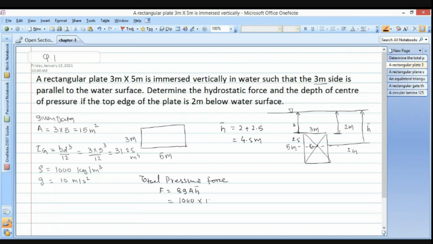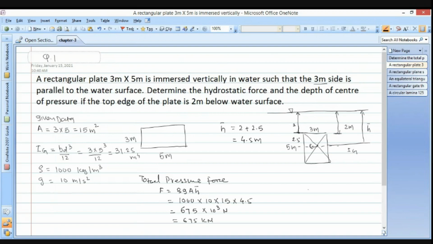The g we have taken as 10, rounding off. Area is 15 meter square, and the h cut lies at the distance of 4.5. So we have 4.5 into 15 into 10 into 1000. We get the answer, that is 675 into 10 to the power 3 Newton, or we can write it as 675 kilonewton.